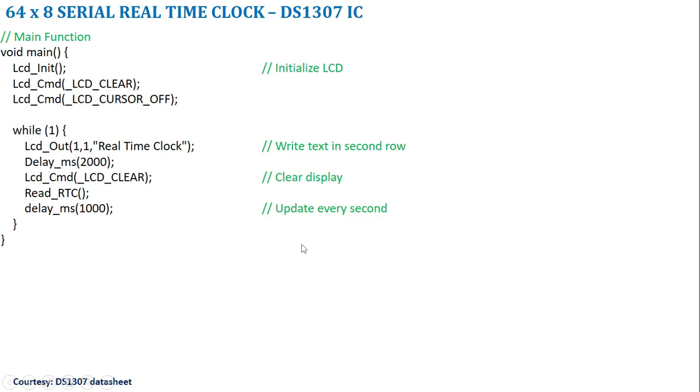So in the main program, what we do here, we are going to make use of all these functions. First we initialize the LCD module. Then I am going to print in the first row, first position of the LCD, we put a real-time clock, retain the output for 2 seconds, then clear it. Then I am going to read the RTC value. When I read the RTC value, it will go to this function.